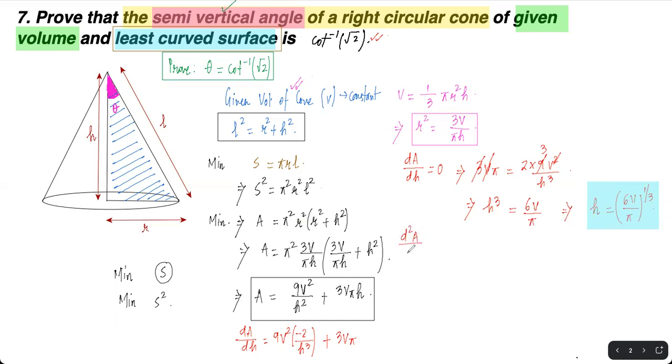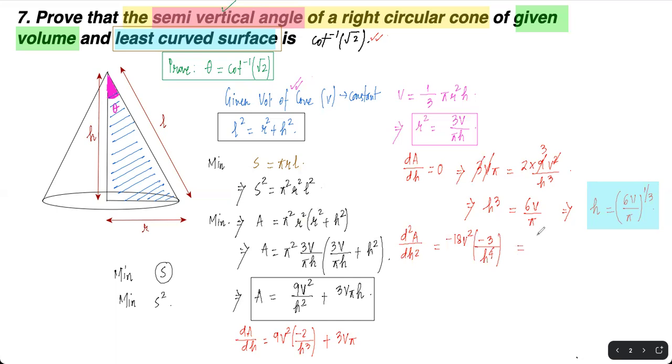It is d2A by dh square. So this particular part has to be taken care of. So 9v square into -2 is basically -18v square. And the derivative of h to the power -3 will be -3 upon h power 4. And the derivative of 3v pi will be 0.